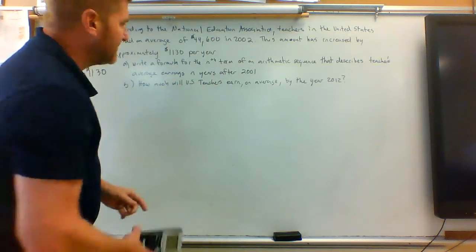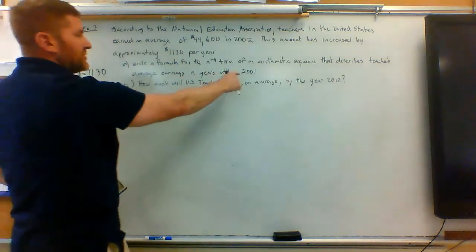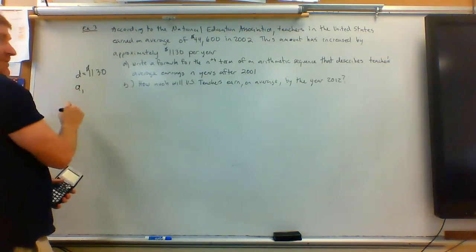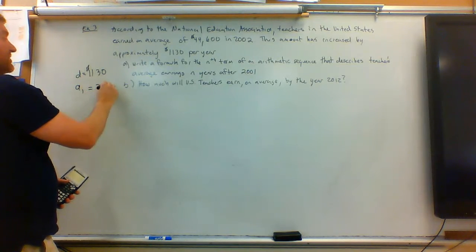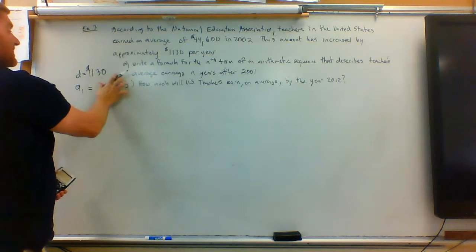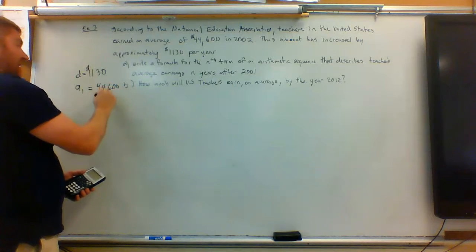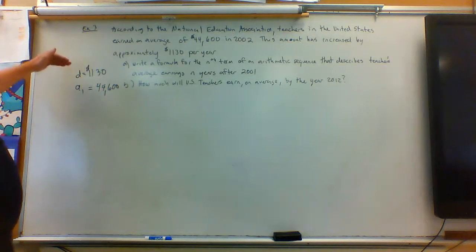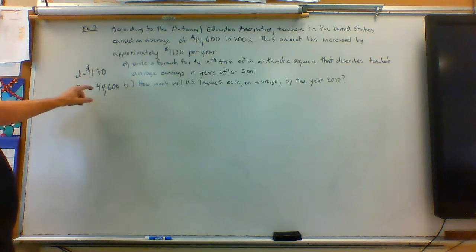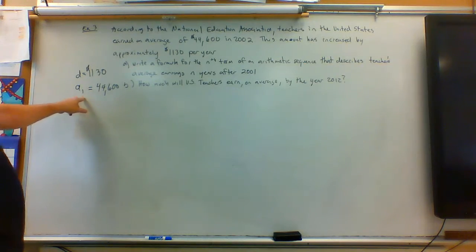Well, think about this. n years after 2001, so what's 1 year after 2001? 2002, which tells me A1 is going to be the year 2002, which the value is $44,600. Okay? So your common difference is going to be this, because this is what increases a year.